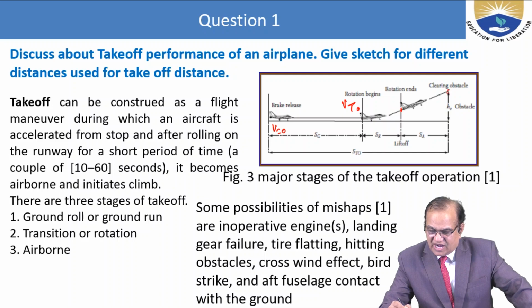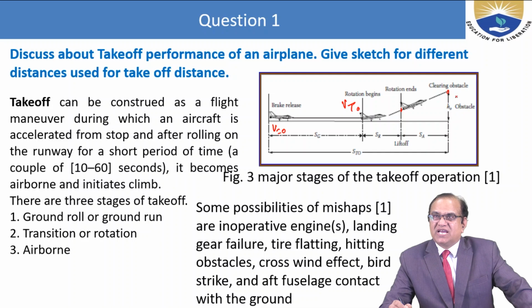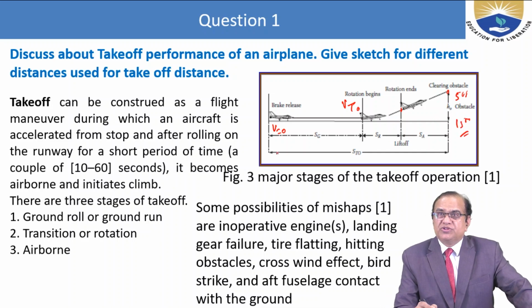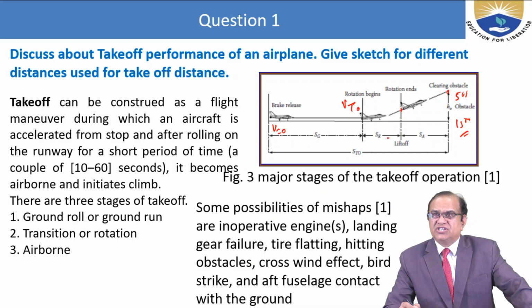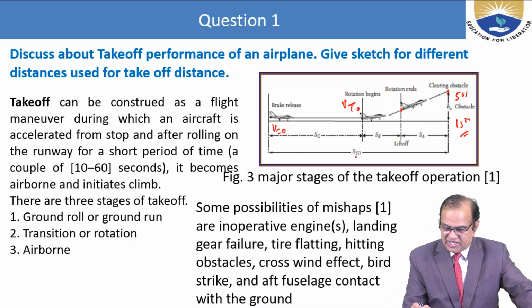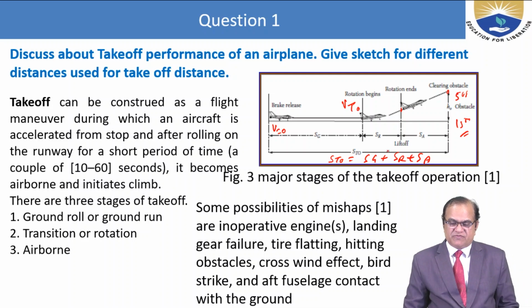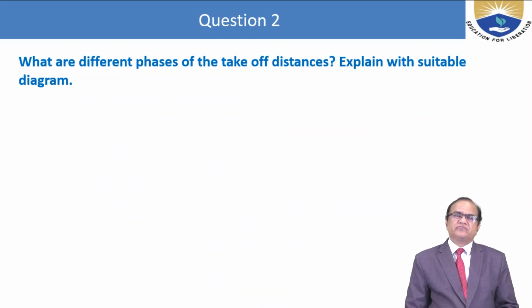From here to here it is a climb, and it is clearing the obstacle, and the obstacle is 50 feet or 15 meter. It has to climb. So this is SG, that is the ground roll, plus transition distance plus airborne distance. The summation of this is called STO. S takeoff is equal to SG plus SR plus SA. So this is the basic concept for aircraft takeoff on the ground.